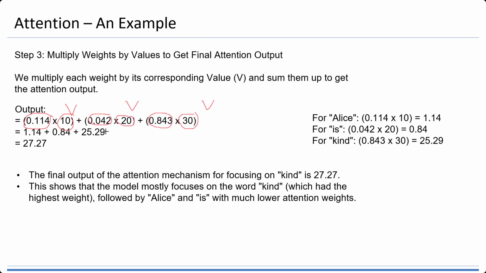So at the end, we have this number, 27.27. This is the final output of attention. If we want to focus on kind, then the value is 27.27.